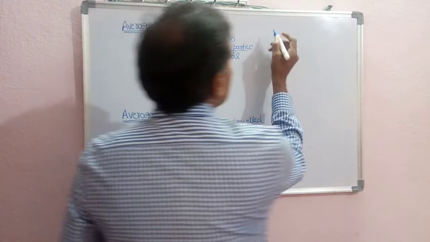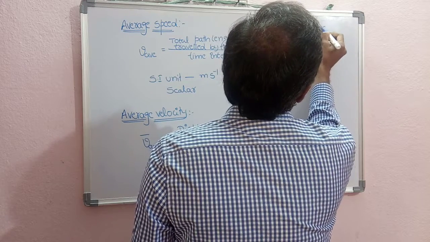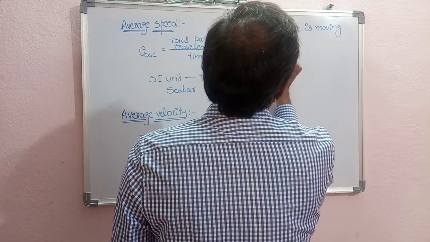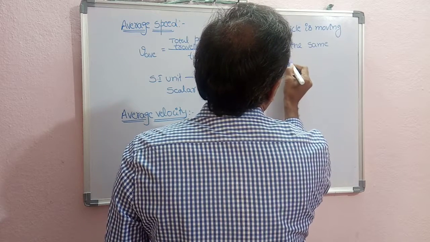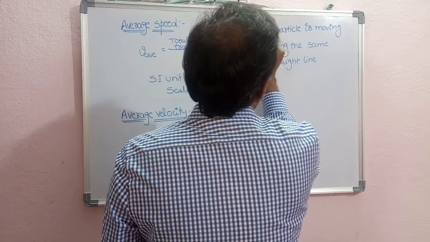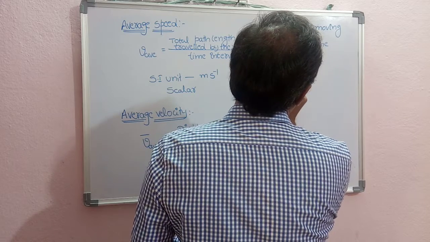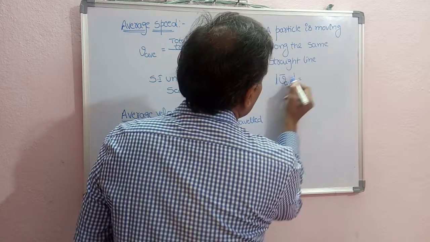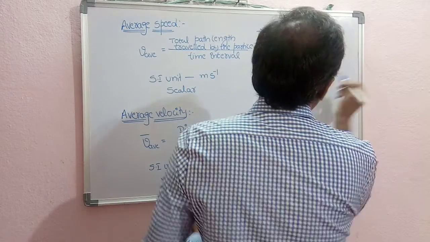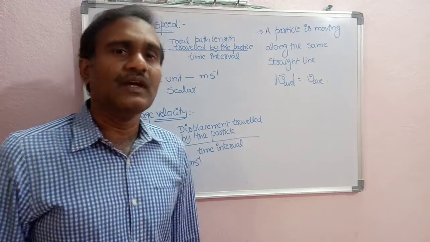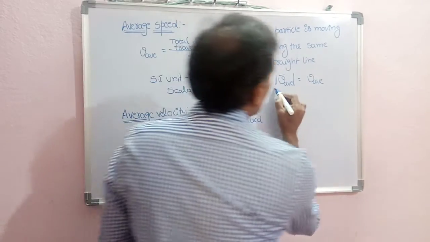That is, when a particle is moving along the same straight line, the magnitude of average velocity is equal to average speed. Remember that.